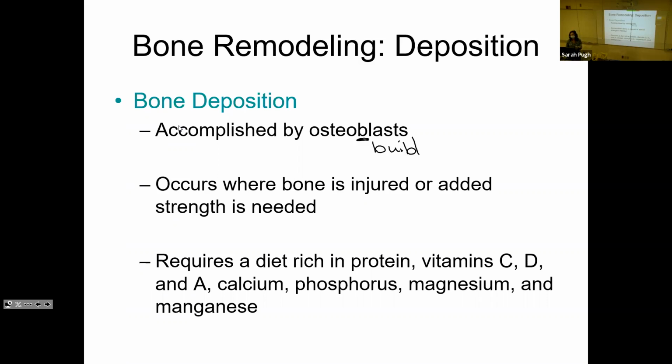Okay, so you break your bone, osteoblasts will lay down new bone and fix that break. This is also going to happen anytime you need extra strength in that bone. Now, in order for you to be able to build up more bone or heal a fracture, you have to have a good diet. You have to have enough protein, vitamins A, C, D, calcium. Those are all incredibly important.